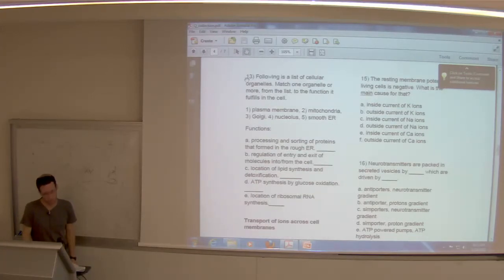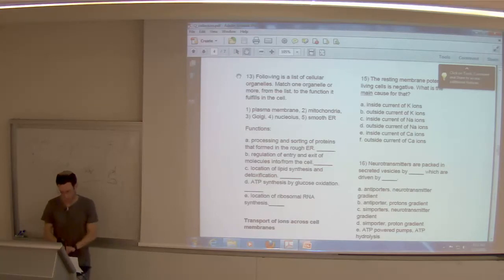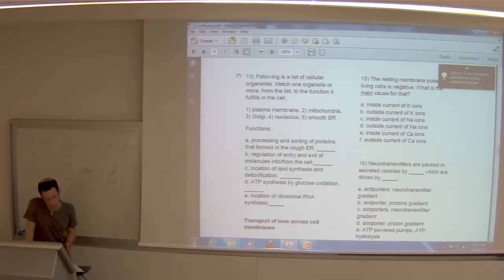Okay, 13. Following is the list of cellular organelles. Match one organelle or more from the list to the function in the cell: plasma membrane, mitochondria, Golgi, nucleus, smooth ER. Let's start with processing and sorting of proteins that formed in the rough ER.